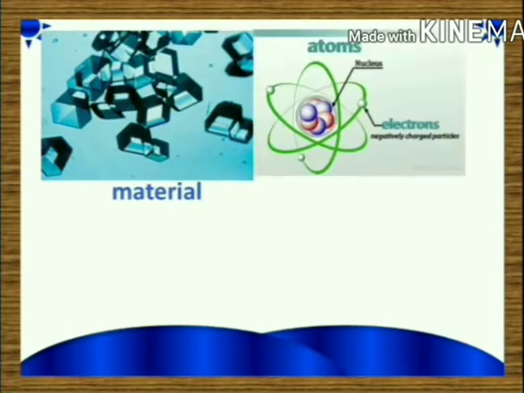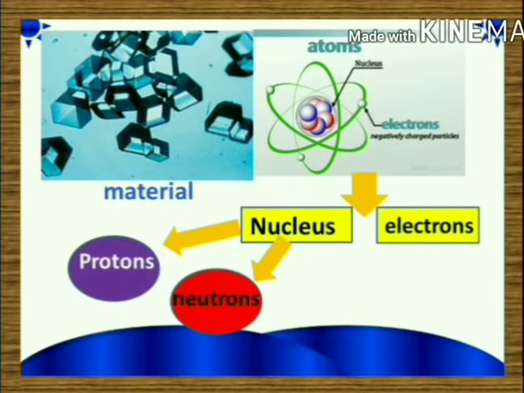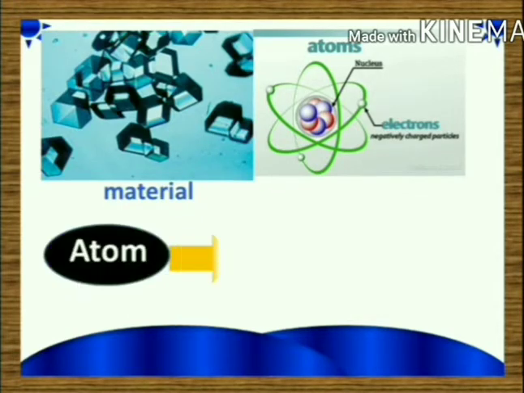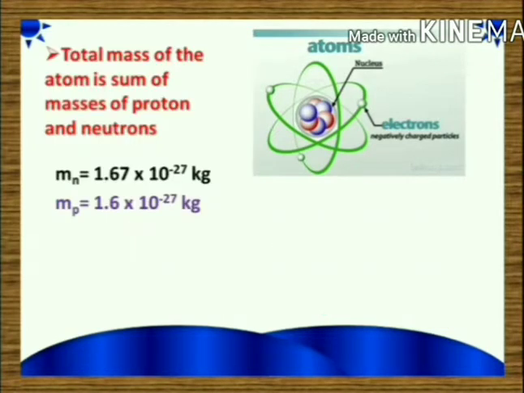Every material is made up of atoms. Each atom contains a heavy nucleus surrounded by electrons. The nucleus contains positively charged protons and neutrons, which don't have any charge. Protons and neutrons are massive particles. So an atom contains protons, neutrons and electrons.